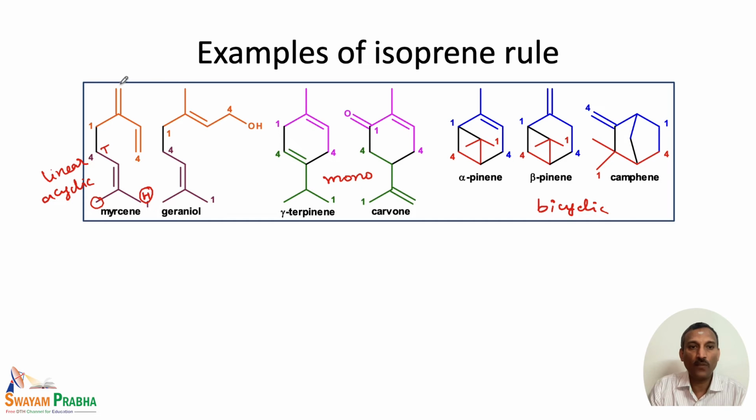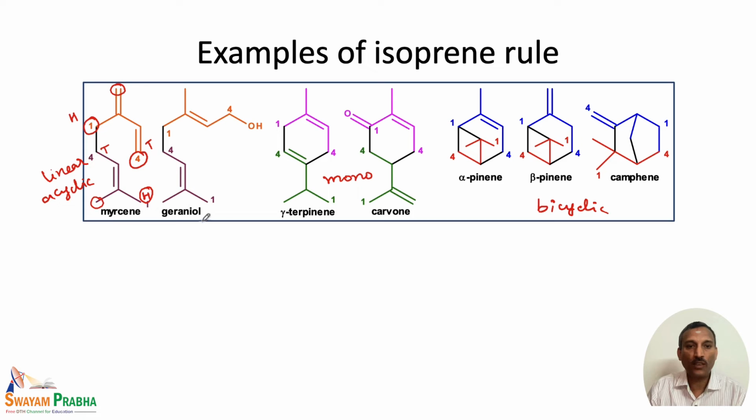Similarly, here that alkene unit is there, so this can be considered the starting point. We call this the head unit and this the tail unit. So we have a combination where a head is connected to a tail. This is the combination found in myrcene.